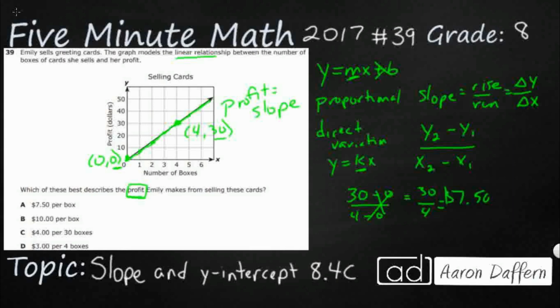So that's where I was getting that. So that 15-ish right here for 2 actually is 15, because 2 times 7.50 gives you 15. So we were close. Our answer here is going to be A. So the profit, remember, equals our slope. She got a profit of $7.50 per box.